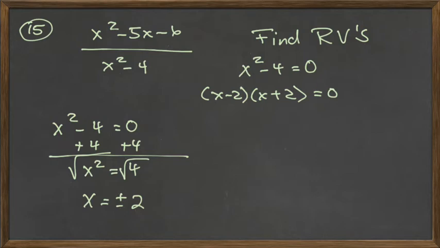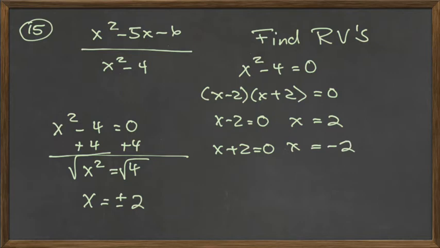Either way, x minus 2 equals 0, so x is equal to 2. x plus 2 is equal to 0, so x is equal to negative 2. Either way, you get those two answers. So these are the restricted values. And since we're at it, let's practice one more time. What is the domain of this rational expression?